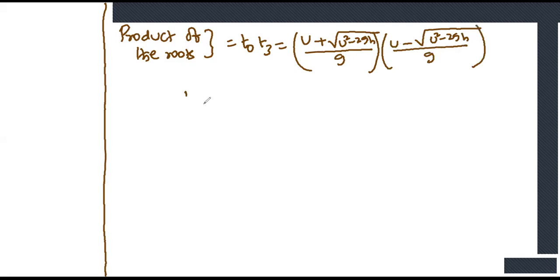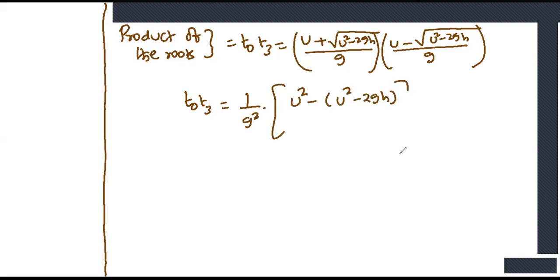So T0 T3 equals 1 by g square times the numerator, which is in the form a plus b into a minus b, that is a square minus b square.